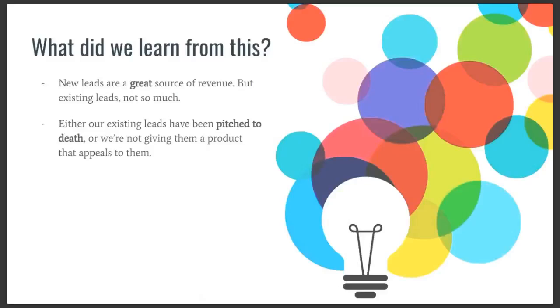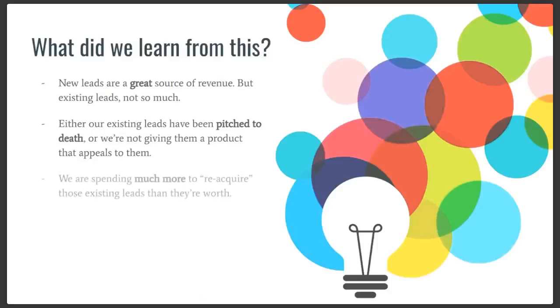So these are two big problems, especially if you only have one product. If they've already been through your marketing funnel and they have purchased, they're not going to buy the same product again. And if they haven't purchased, they've already seen the offer. And maybe just lowering the price isn't enough to get them to convert.